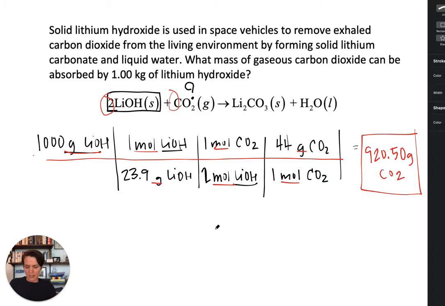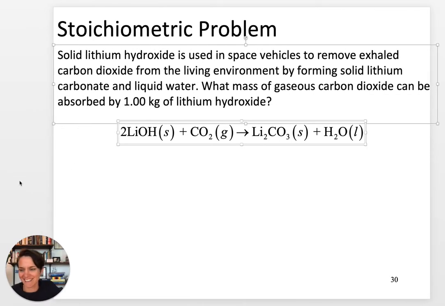If you didn't obey the order of operations here, and you just plugged it in without dividing by the product, you would get a really large number, which you should immediately think seems curiously high. So follow the order of operations is the take-home message there.